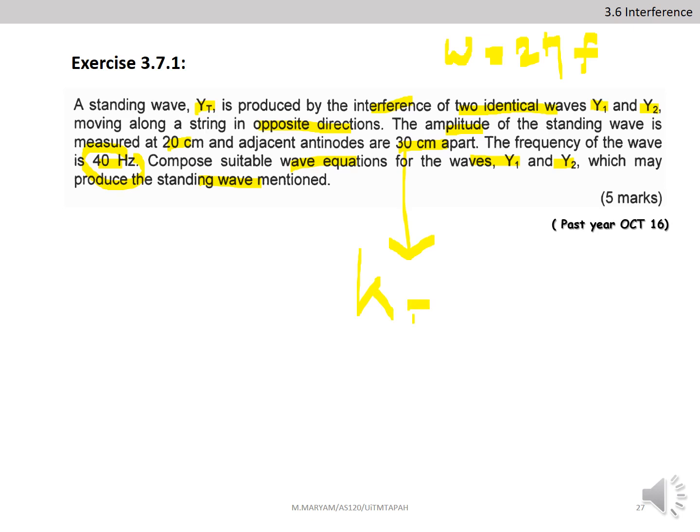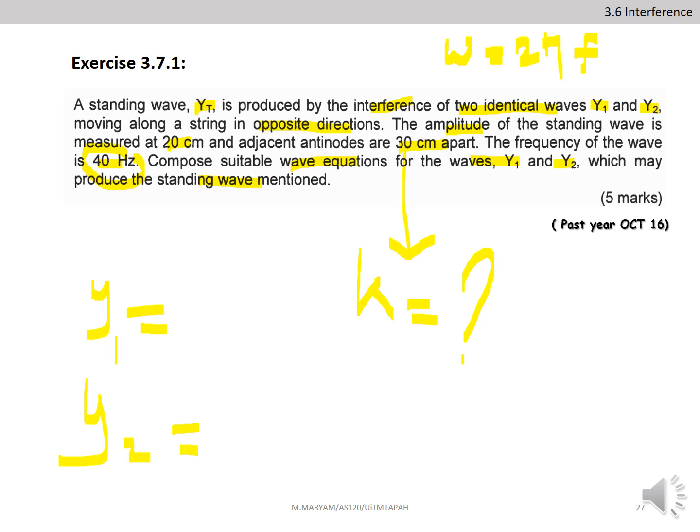Okay, refer to your notes. Let's try to solve it on your own. I already gave all the hints. Then you just find k, so substitute in the general equation of the wave function: what is y1, what is y2. So this is what the question asks for.